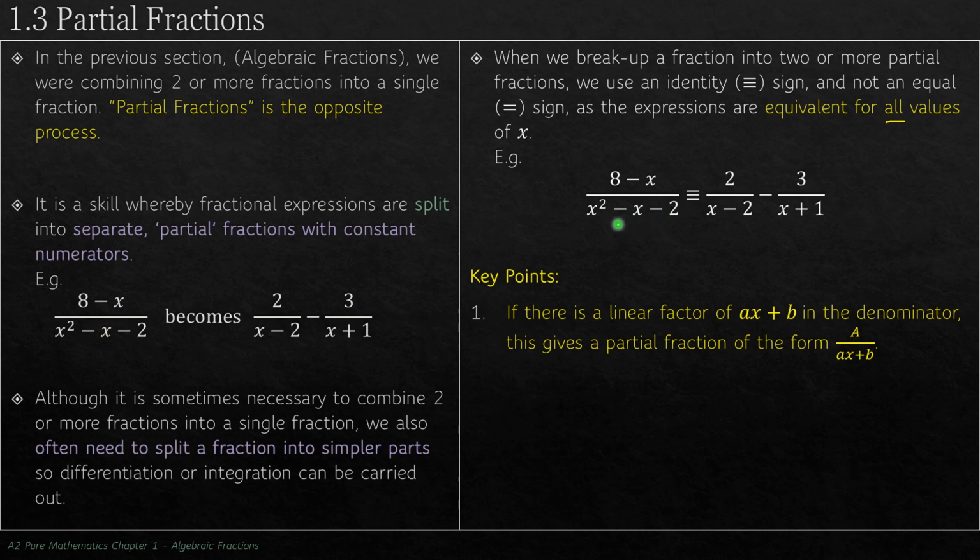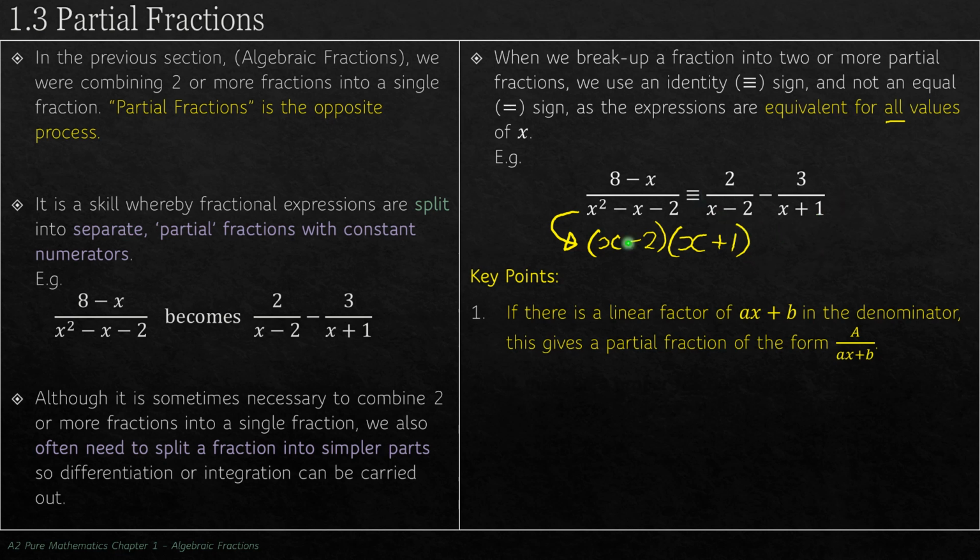So going back to this example, our denominator, if you factorized it, which is an important first step, would become x take away 2 times x add 1. And each linear factor gives us a single partial fraction. So the x minus 2 and the x plus 1 are our linear factors. Each gives us a separate fraction.